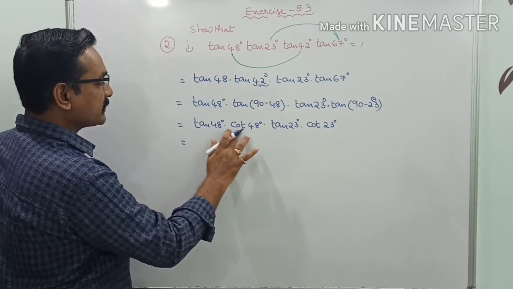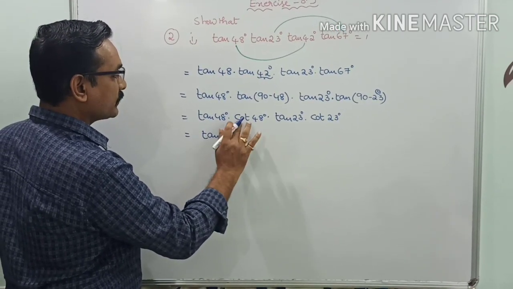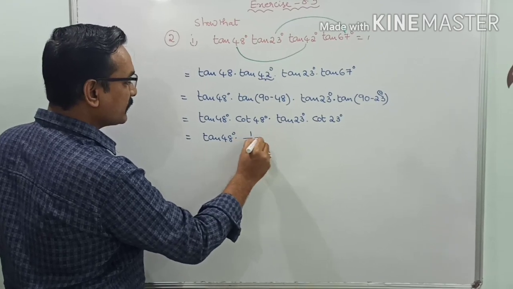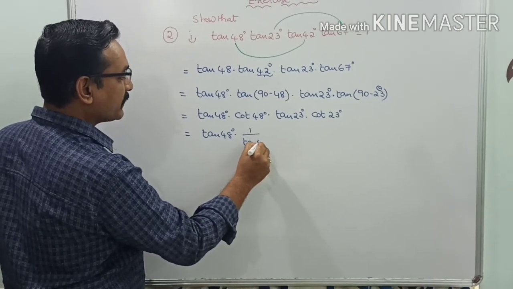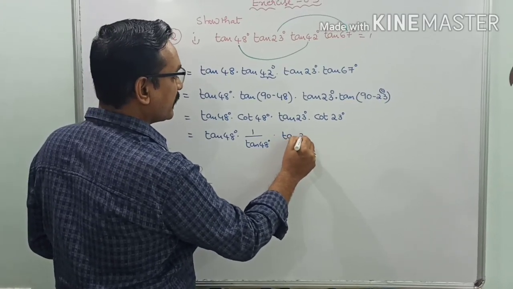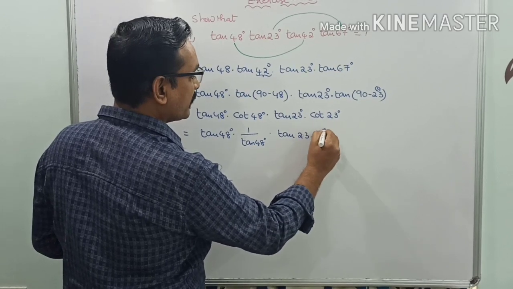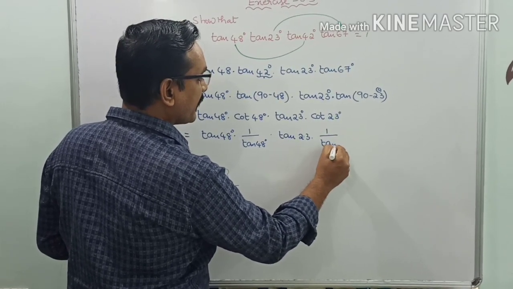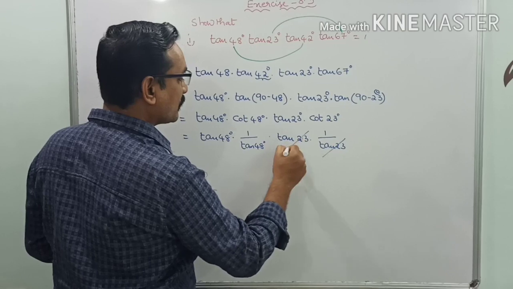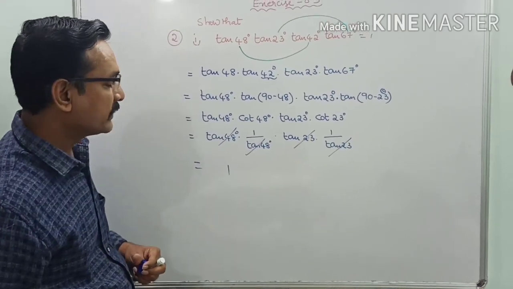Now we know tan is the reciprocal of cot. So tan 48 degrees into cot 48 we can write as 1 by tan 48, and tan 23 into cot 23 as 1 by tan 23. Both get cancelled, and the final answer is equal to 1.